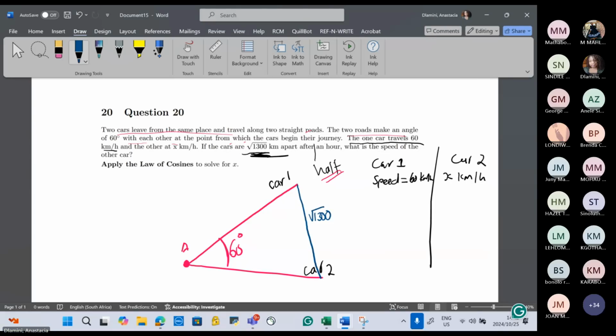Now, can we simplify the square root of 1,300? It's 10 root of 13.